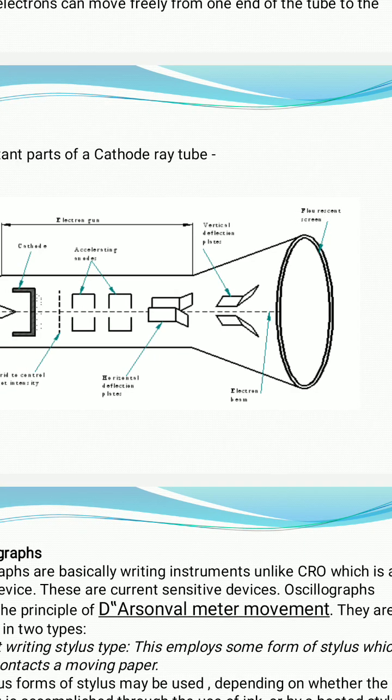Now what is the function of these vertical and horizontal deflecting plates or the deflector system? When the beam passes through this deflecting system, an electric field is generated. This electric field or magnetic field formed inside this deflecting system depends upon the amount of voltage supplied to the circuit.